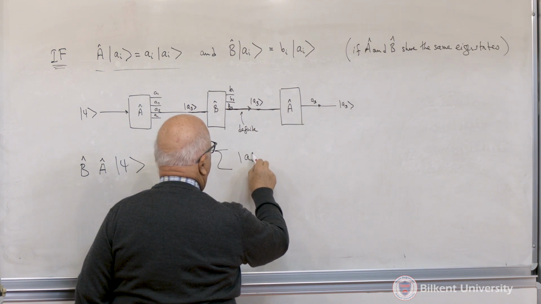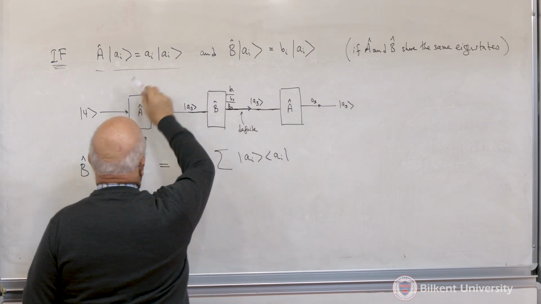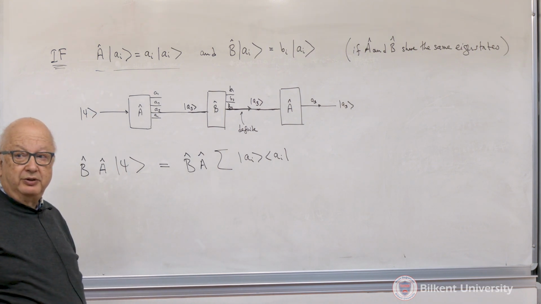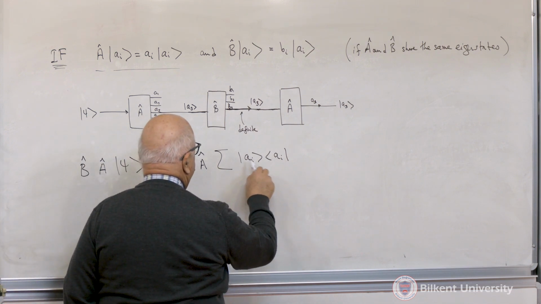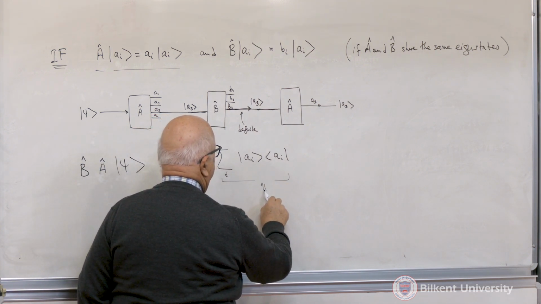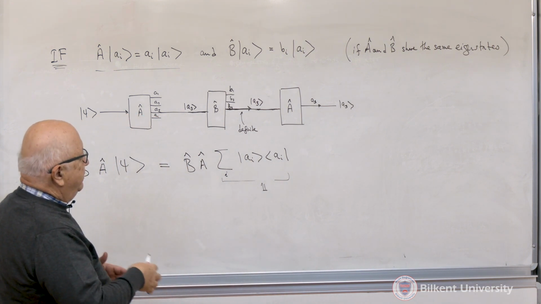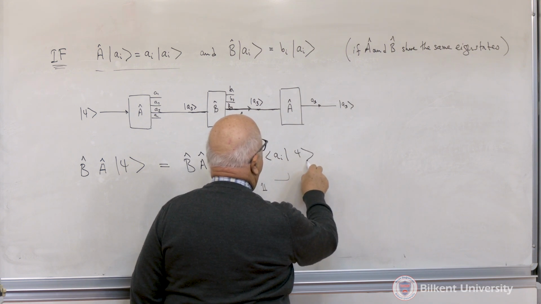The eigenstates of this operator form a nice orthonormal set, and if I just sum this over all i, then this is just identity. We'll keep doing this again and again. And it operates on psi.